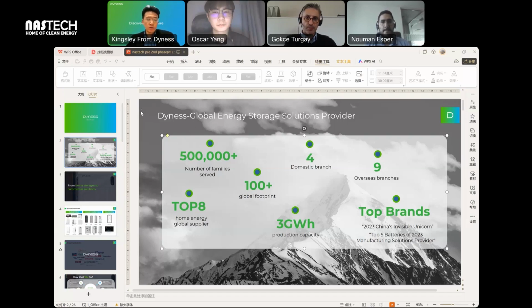Our global headquarters is in Suzhou City, China, and the production and R&D centers are in Xi'an, Shenzhen, and Taizhou. We now offer 3 gigawatts of capacity, and we also have 9 overseas production chains, like the US, Germany, the Netherlands, and Brazil.